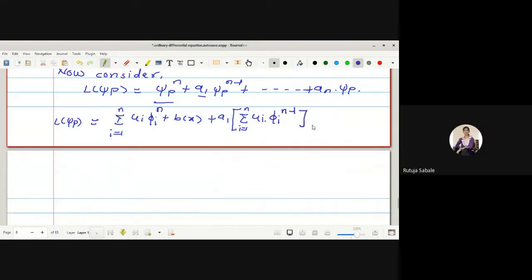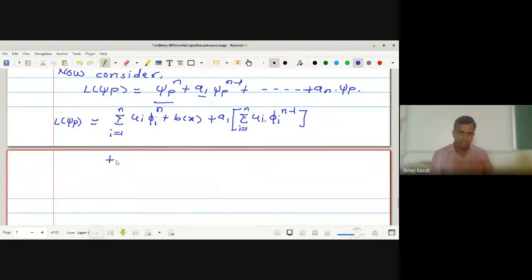Plus a2 into the bracket. Here what will come next is ψp raised to n minus 2. So here we get summation i running from 1 to n ui into φi raised to n minus 2, up to so on.